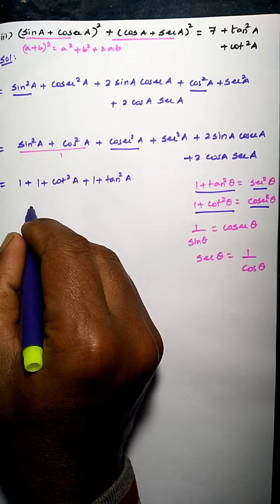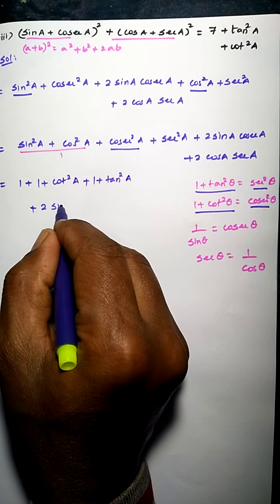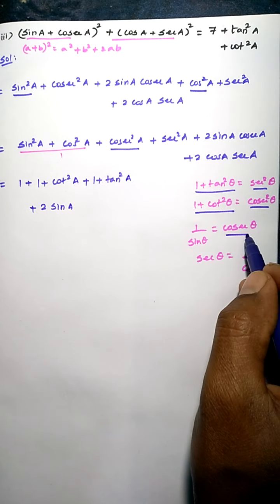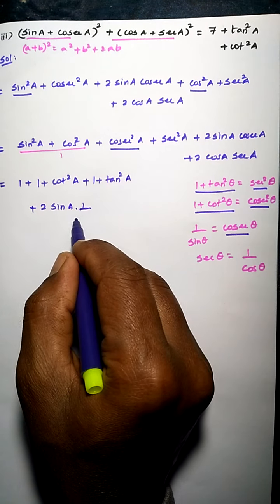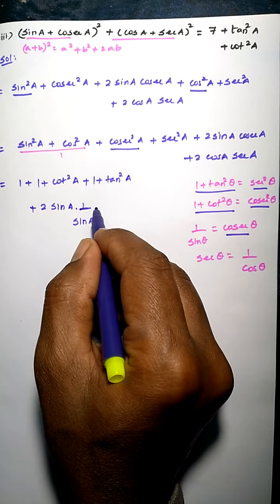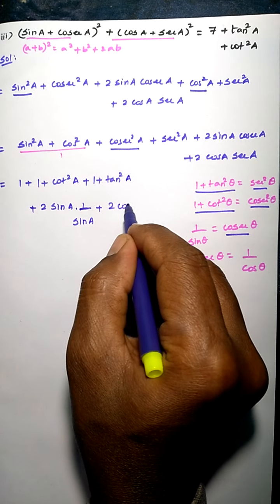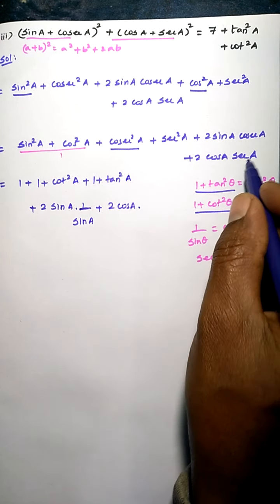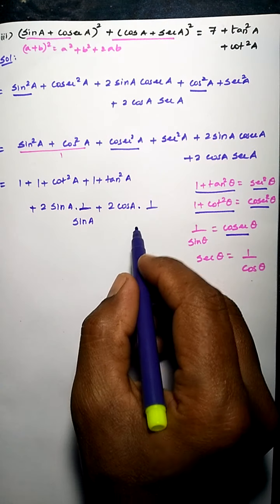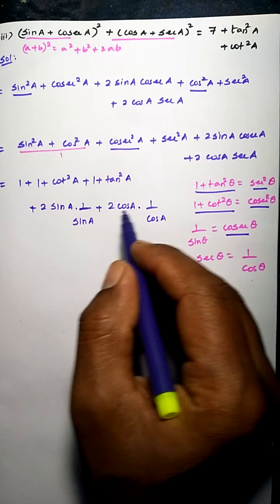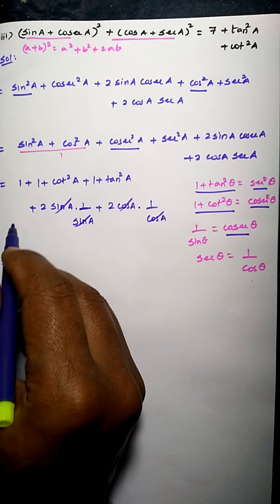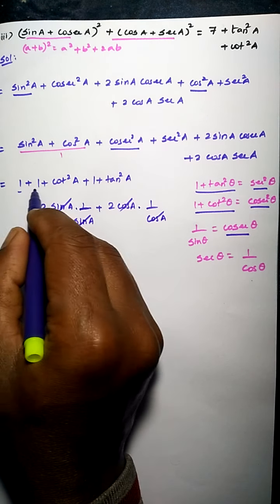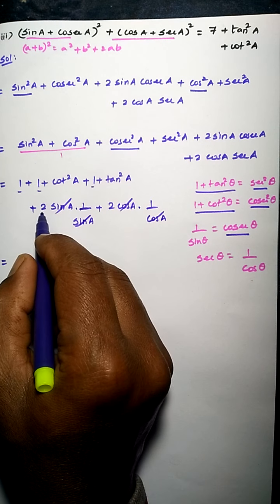Okay, plus 2 sine A cosecant A, the reciprocal 1 by sine, plus 2 cos A secant A, the reciprocal we have is 1 by cos. Now sine, sine, cos and cos we can cancel. So remaining we have here 1, 2, 3, 3 plus 2.